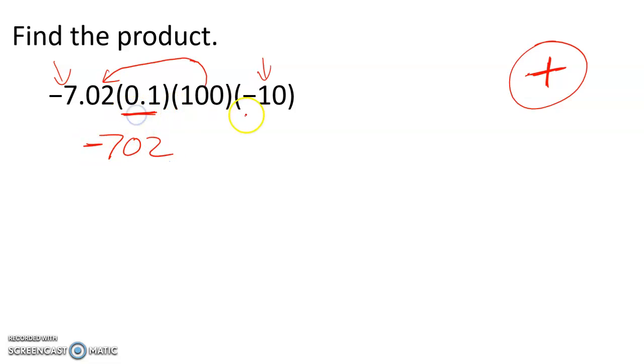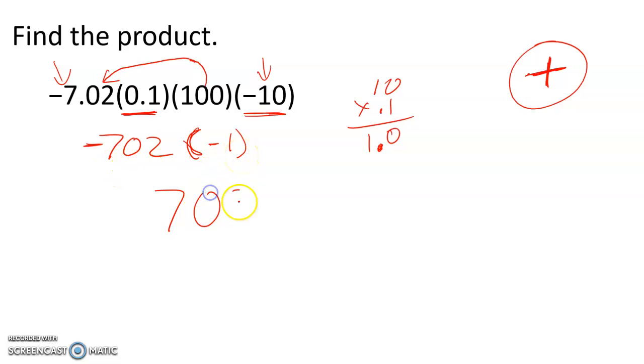And if I take the 0.1 times 10, that's going to be 1. So times that by, and it's going to be a negative 1. And then 702 times negative 1, it would be positive 702.